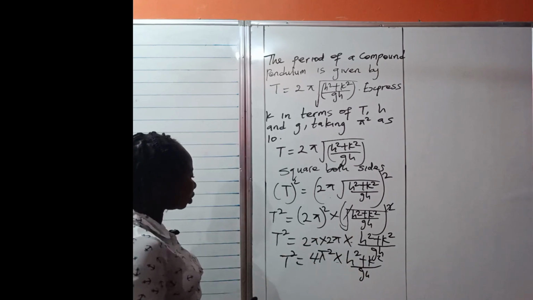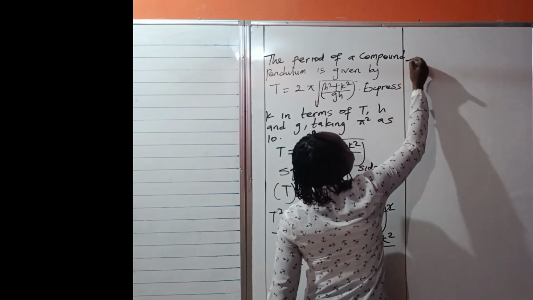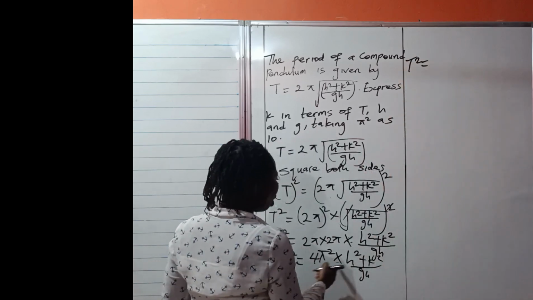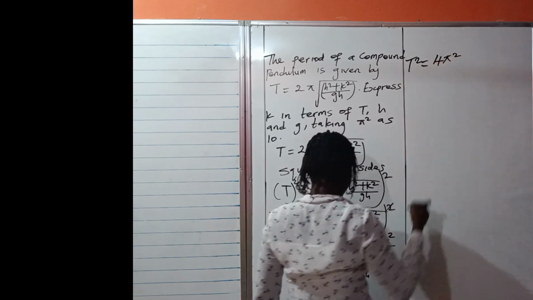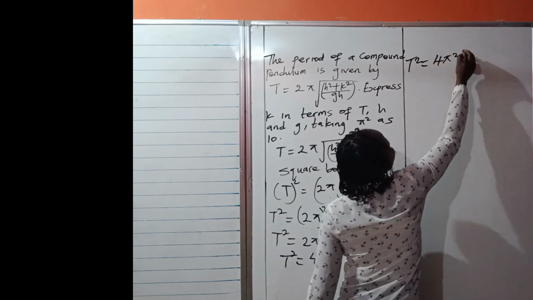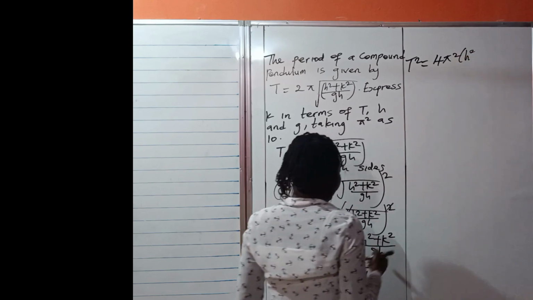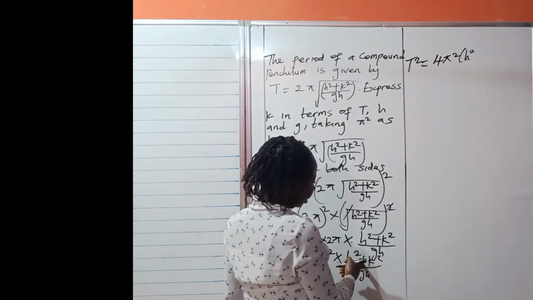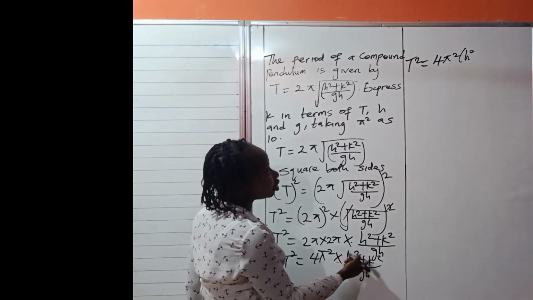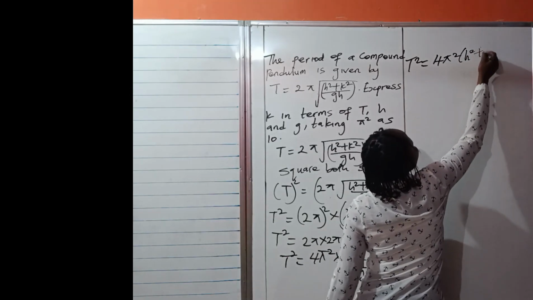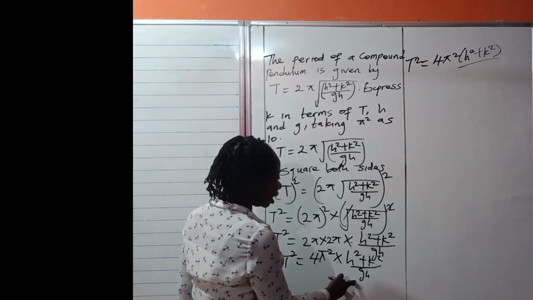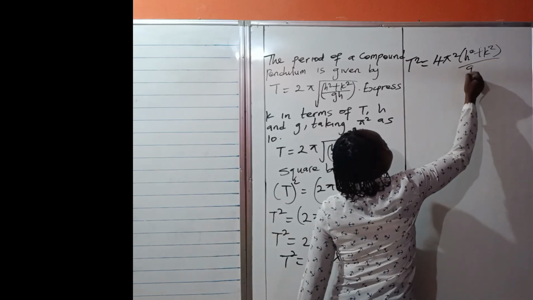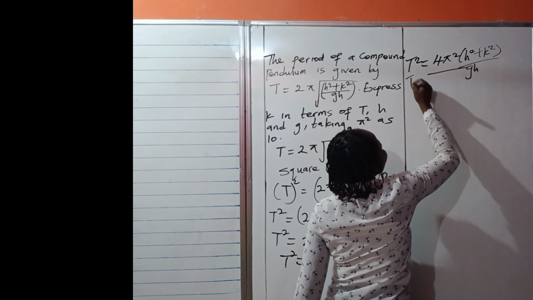If you multiply this together, we are going to have T squared equal to 4 pi squared of (h squared plus k squared), and this is over gh. So we can have it in this form.